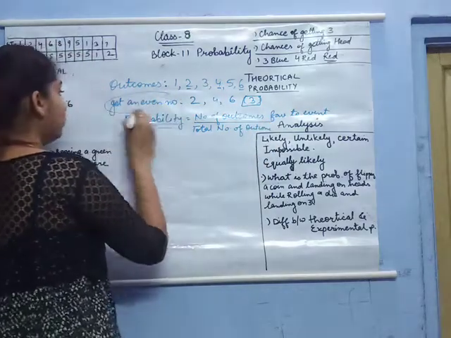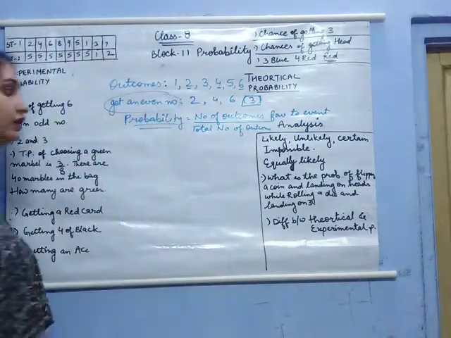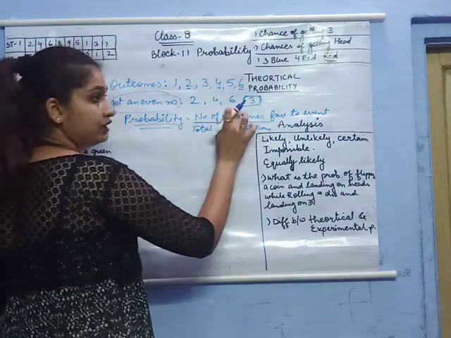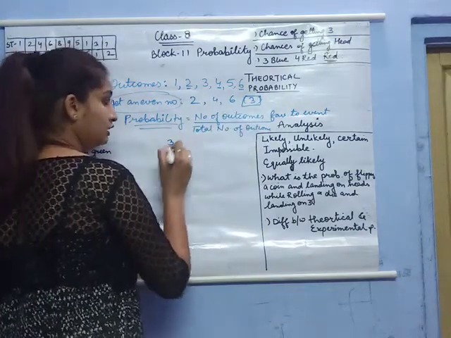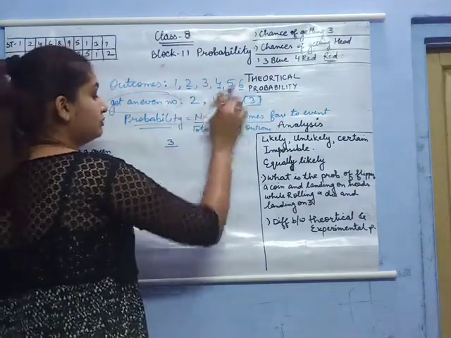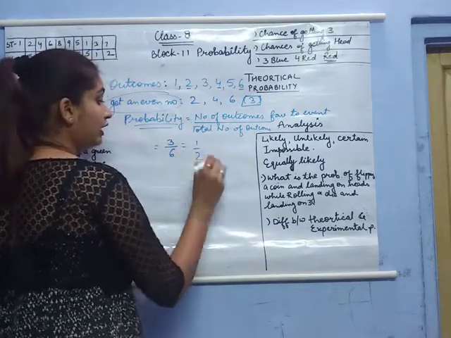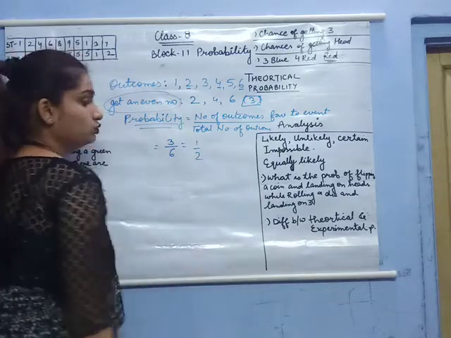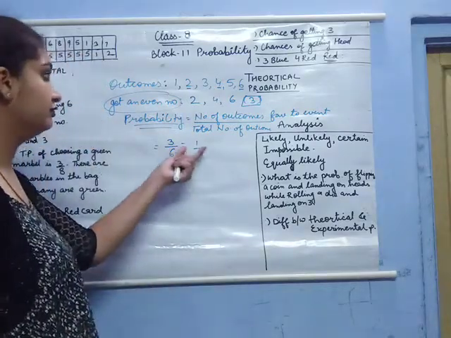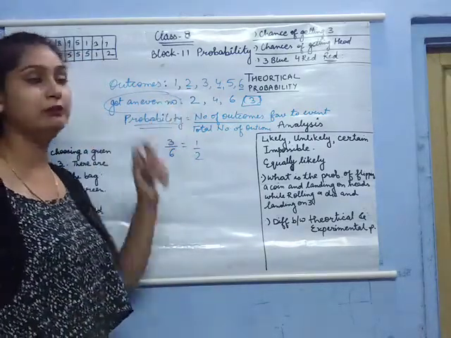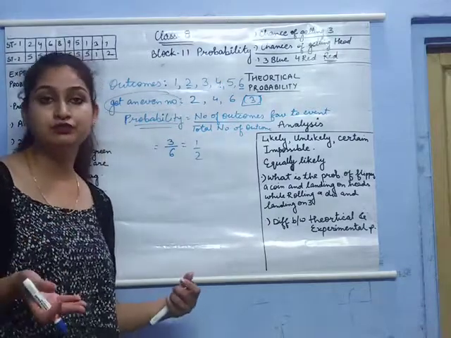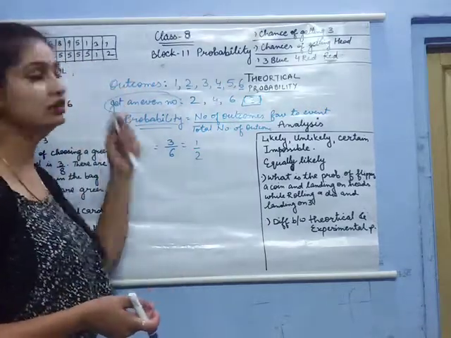If I talk about this event, getting an even number, the outcomes in favor are 3 and the total number of outcomes is 6. So the probability is 3 by 6 or 1 by 2. There are half chances that an even number will appear when we throw a die.